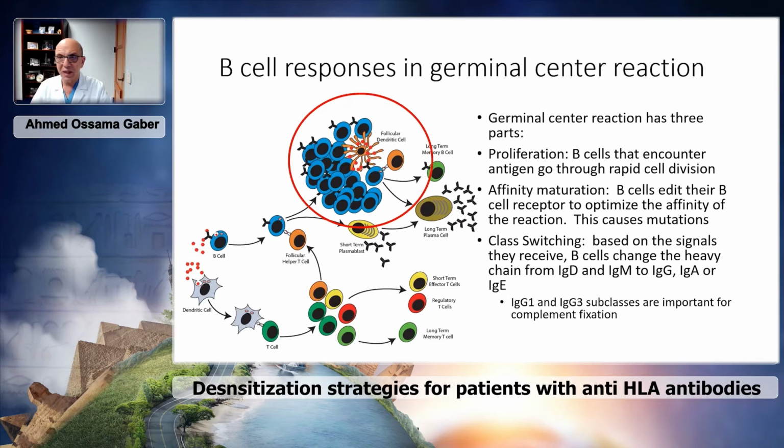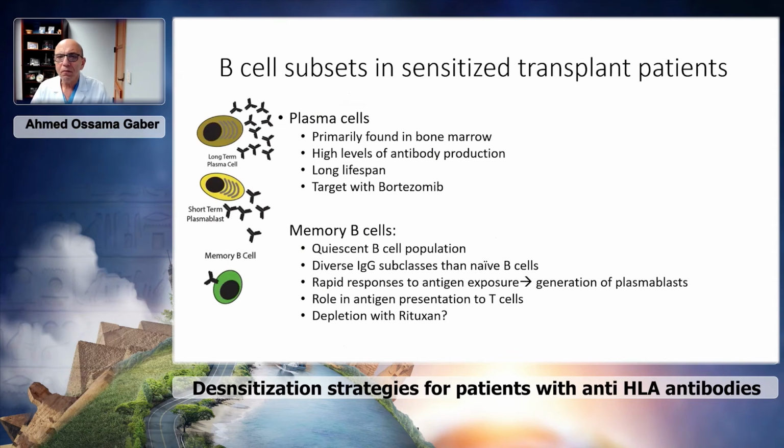In patients that have an activated immune system, they get epitope spreading, they get class switching, and they start making antibodies to B27, A30, B7, whatever, a very long list of antibodies. Some of us see patients that have lists of antibodies that go for half a page, patients that are going to be very hard to transplant.